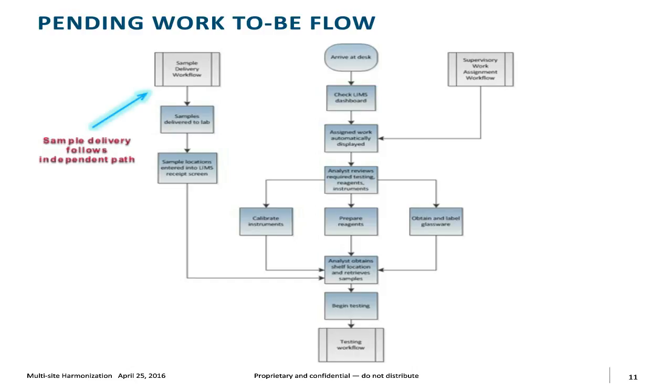So we now look at, in the future state environment, and thinking back on what we had in that current state environment, we look at sample delivery workflow. So we have a separate organization that is logging samples in and bringing samples to the laboratory. We look at the place that the assigned work is going to include all the samples that are going to be coming in. It's going to identify all the tests to be done.